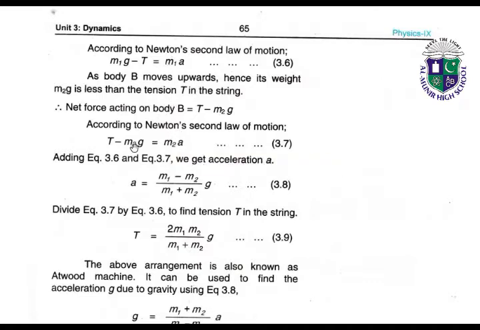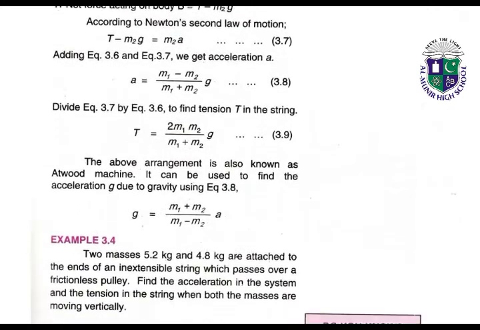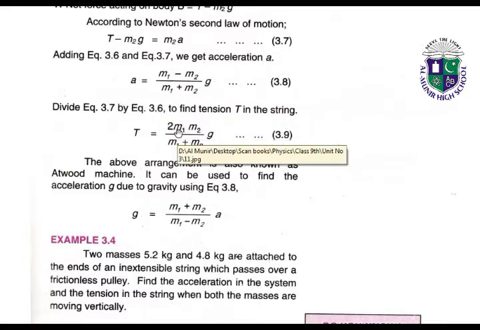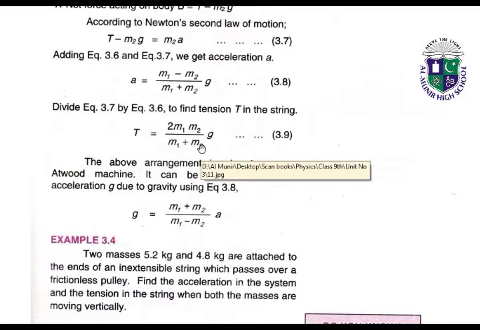Because we have the two masses m1 and m2 of bodies A and B, we can write the acceleration as a equals m1 minus m2 over m1 plus m2, into g. So this is the formula to find the acceleration. And to find the tension, we have the formula T equals 2m1m2 over m1 plus m2, into g.